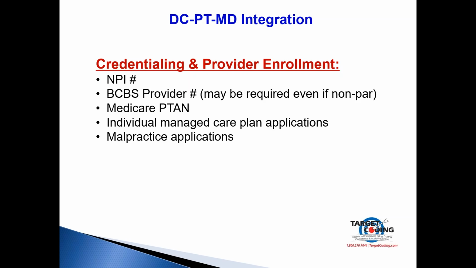You're going to see Blue Cross Blue Shield patients, who probably need a Blue Cross Blue Shield credentialing first and then contracting. You're going to see Medicare patients. They have to have PTAN numbers, and if you want these MDs and PTs to be in network, you're going to need to fill out the managed care applications.